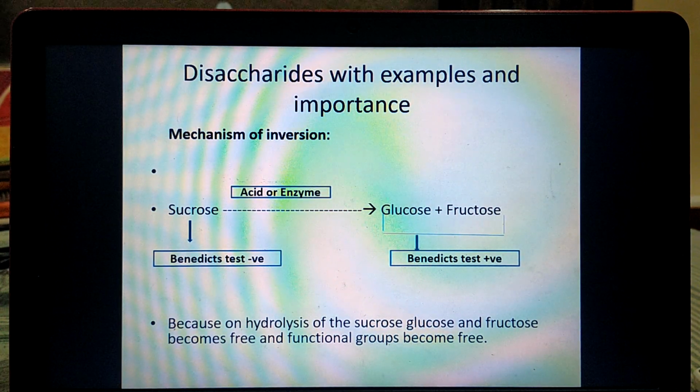Sucrose initially, as I have told you, gives a negative Benedict test because both the functional groups are involved in the linkage formation, but when it is hydrolyzed to glucose and fructose, they become free from each other. The functional groups of glucose and fructose are free and they give a positive Benedict test.